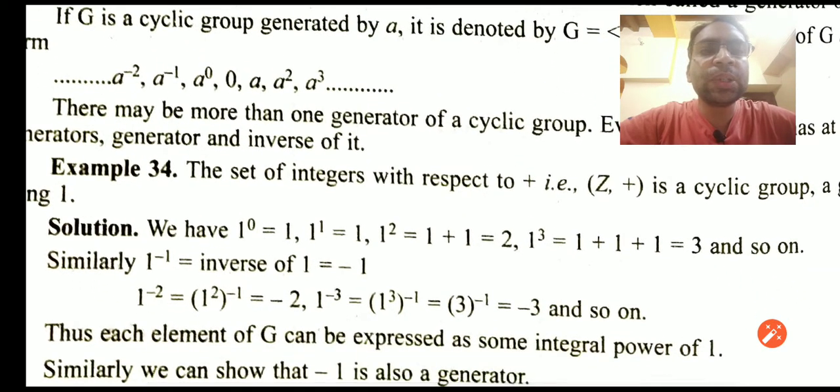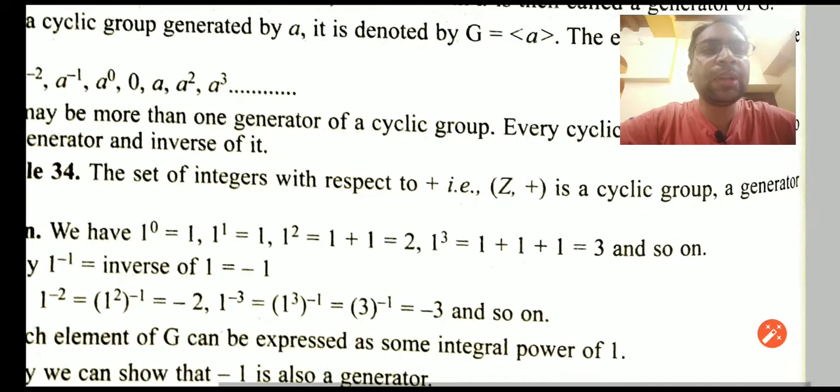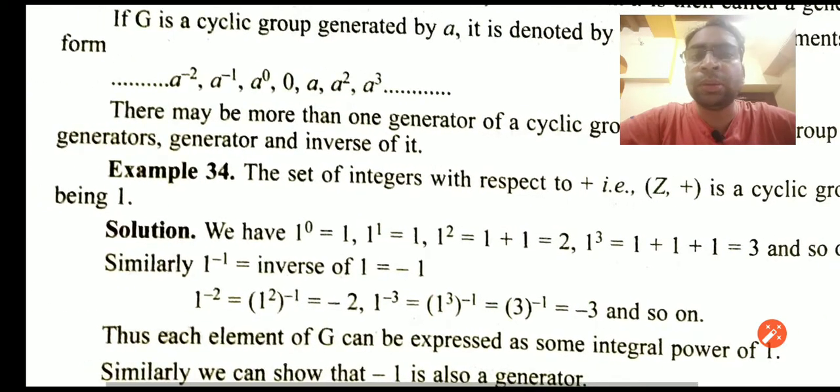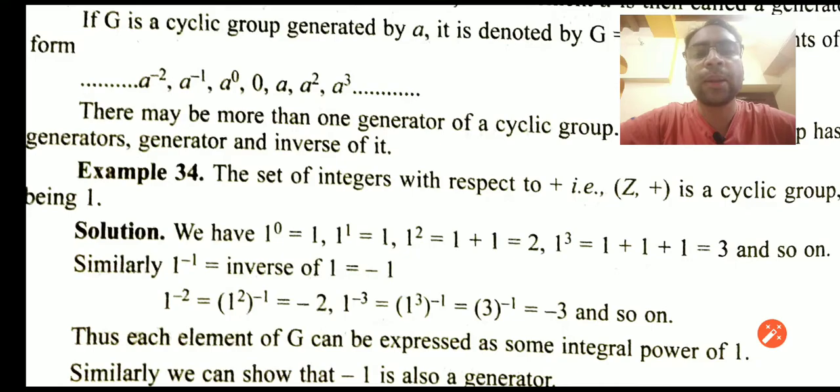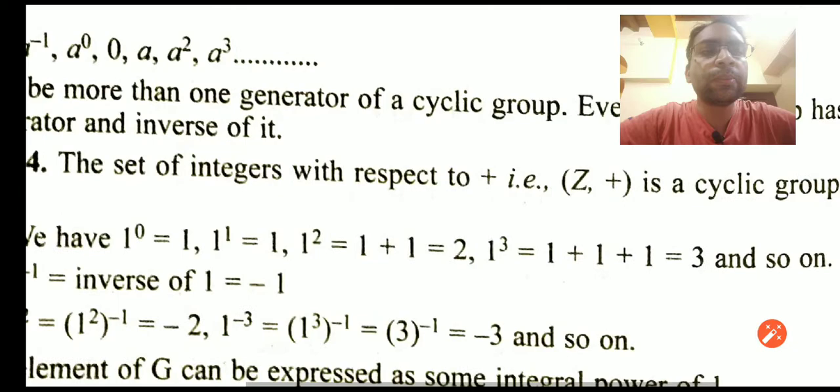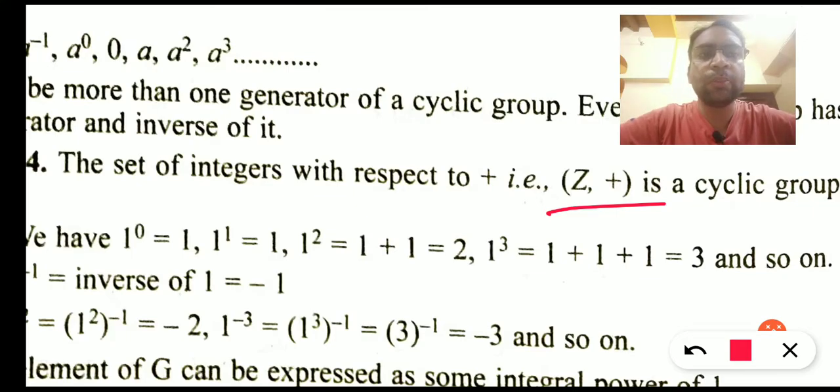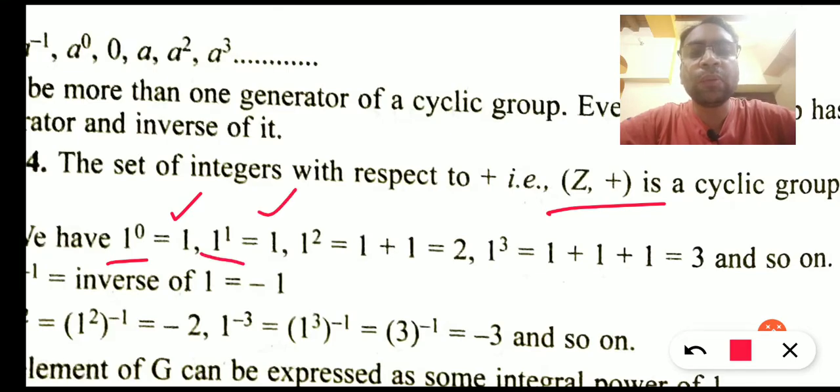The set of integers with respect to plus, Z plus, is a cyclic group where the generator is 1. So we are talking about the group Z plus, the set of integers with the operation plus, and the generator is 1. If we find 1 to the power 0, we get 0, 1 to the power 1 is 1, and 1 to the power 2 is 1 plus 1.